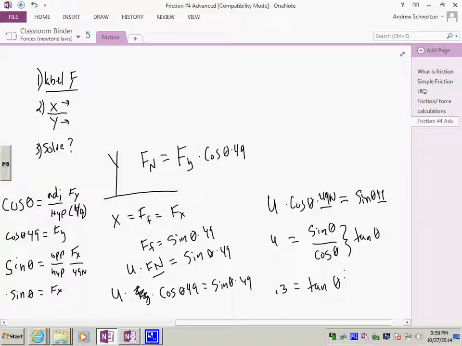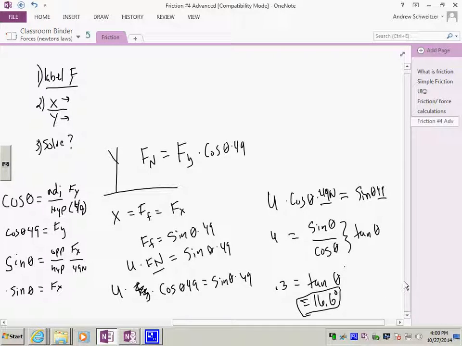And the inverse tangent, solve for that, and we get an answer of 16.6 degrees. And that is my angle. Anything beyond that, and it will be sliding.